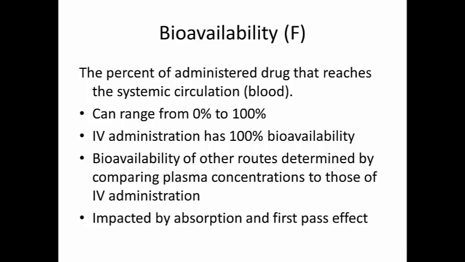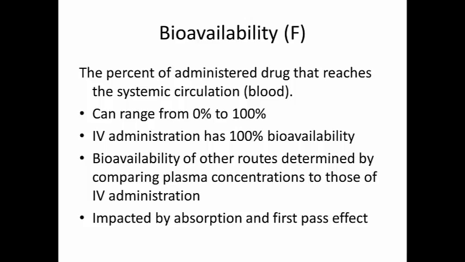The bioavailability of other routes of administration is typically less than 100% and can be determined by comparing plasma concentrations following administration to those obtained from IV administration. For a drug taken orally, the bioavailability will be impacted by absorption from the GI tract and the first-pass effect.